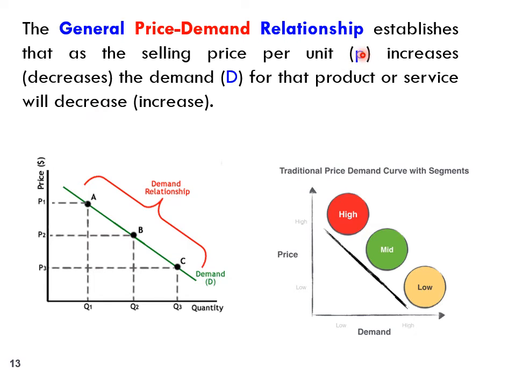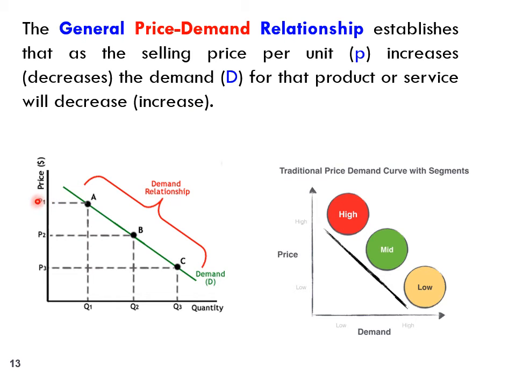If the price decreases, then the demand will increase. So you should read this sentence in this way: if the selling price increases, the demand decreases. If the selling price decreases, now reading the parentheses, then the demand will increase. And this is the relationship.